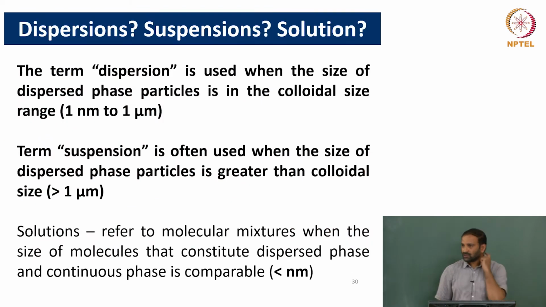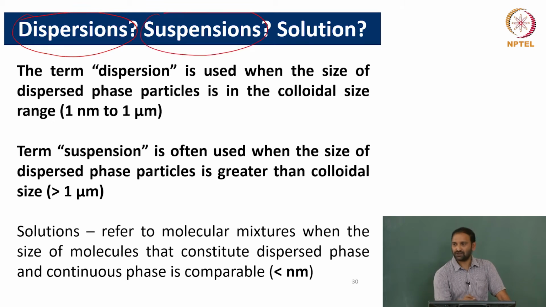Now, when you read up literature on colloids, you will see that there are several people who use the term colloidal dispersions or colloidal suspensions. So I just want to make terminology clear.